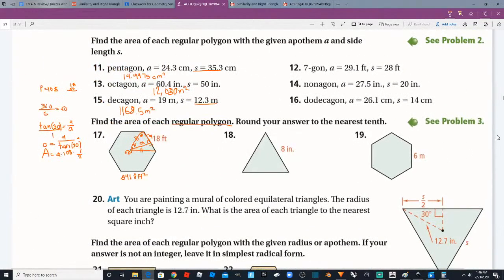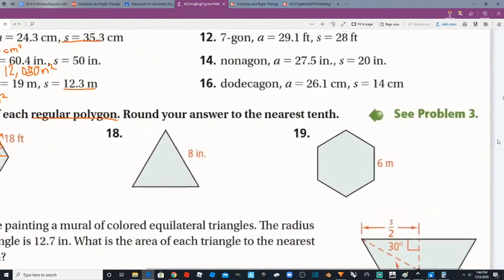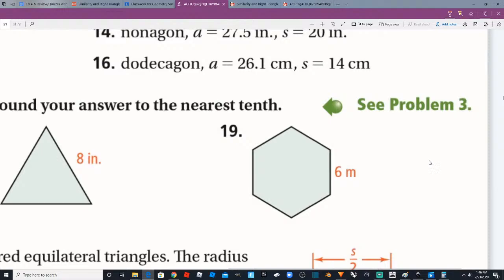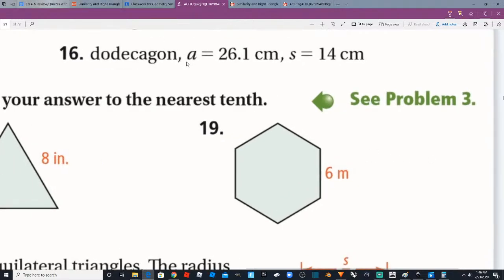So I'm gonna give myself some space right here to work this out. So we know a side length, which is 6 meters, and for our perimeter, let's multiply 6 meters multiplied by 6, which is equal to 36 meters.